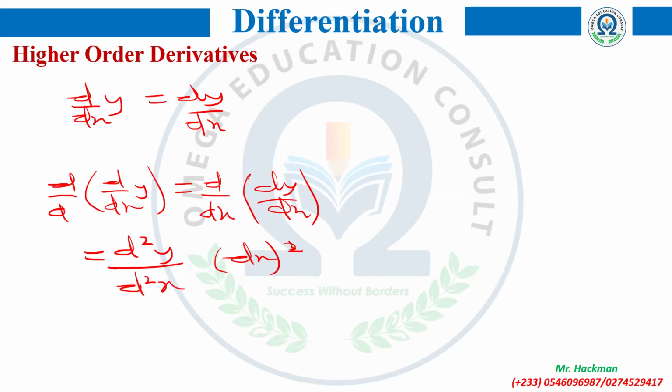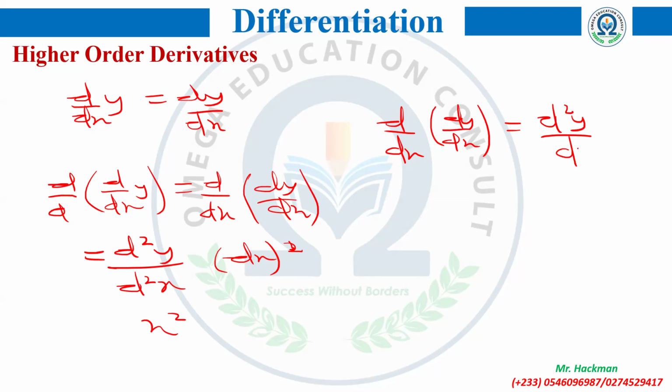All right, so this is it. The power of your x will tell you the number of times you are differentiating that variable with respect to. So this is not the notation. Anytime you have d dx of dy dx, this gives you d squared y over dx squared.